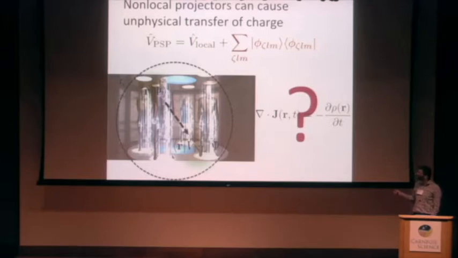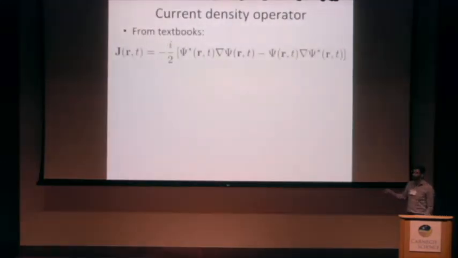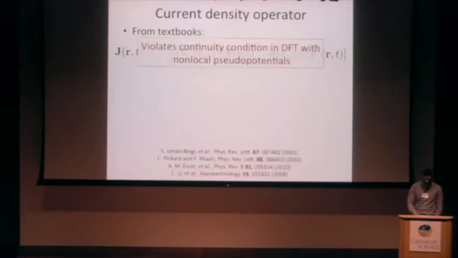So when we define a current density, we have to make sure that it still satisfies the continuity equation even with the possibility of these teleportations. It turns out that this definition of the current density does not satisfy the continuity equation when these non-local potentials are present, and so we need an alternative definition of current density in this case.